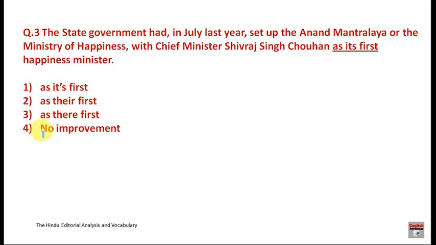So your answer here will be no improvement, because we cannot use it's with an apostrophe, which is the short form of it is. So this is incorrect, because we are talking about a singular body, and there is inappropriate. So here as its first is correct, and your answer will be D, that is no improvement required.